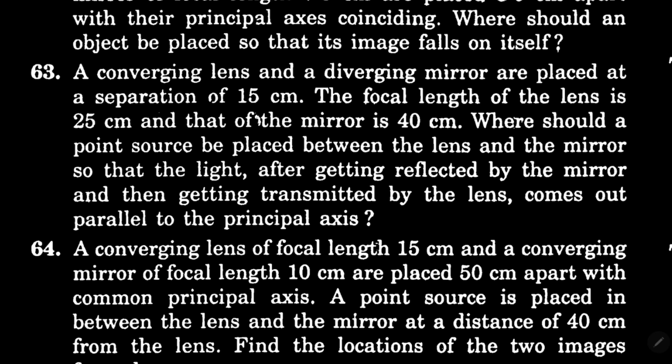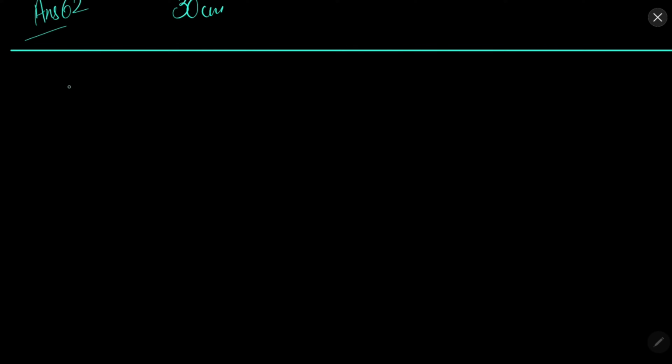Question 63, a converging lens and a diverging mirror are there. We need to find where a point source should be placed between lens and mirror so that light, after getting reflected by the mirror, comes out parallel to the principal axis. Solution 63. u is minus x, v is 25 minus 15, 10 centimeters, f is 40 centimeters.